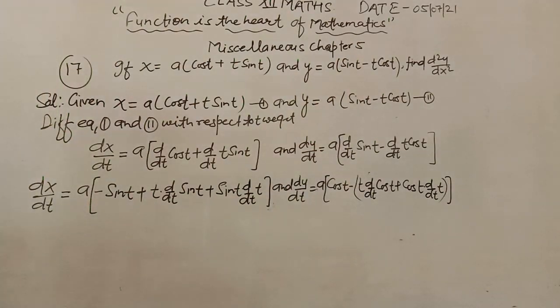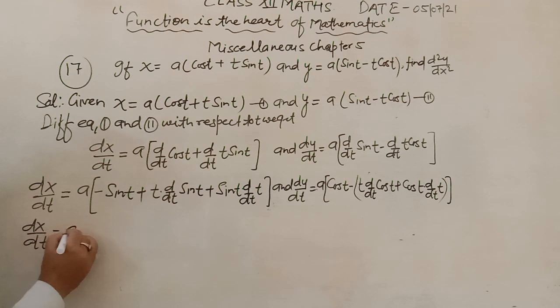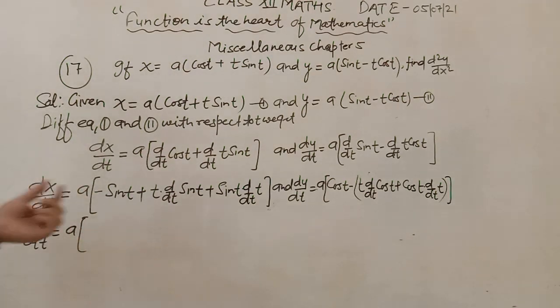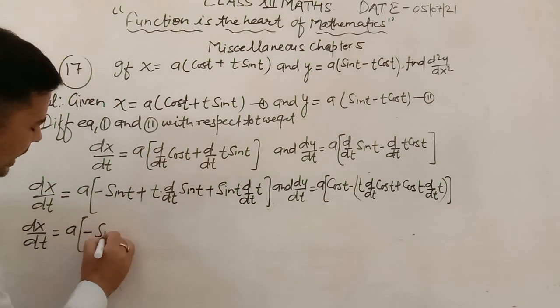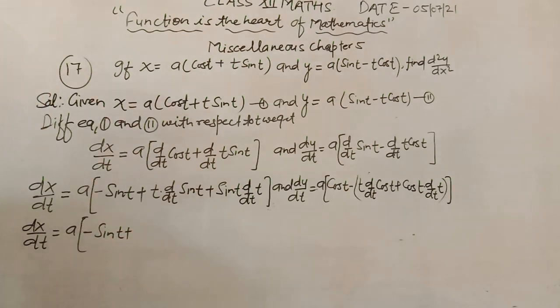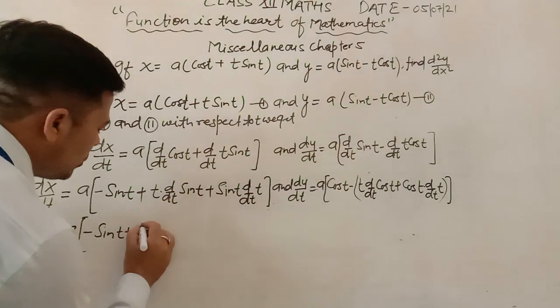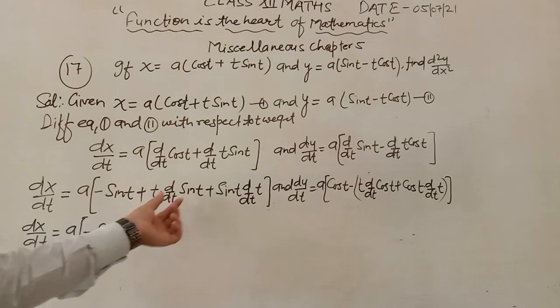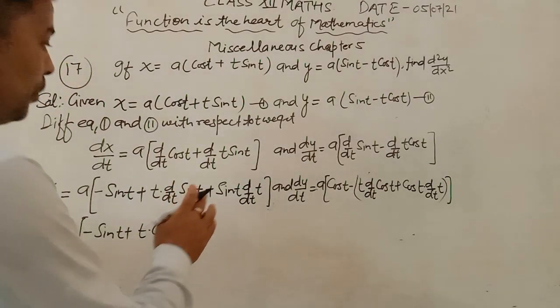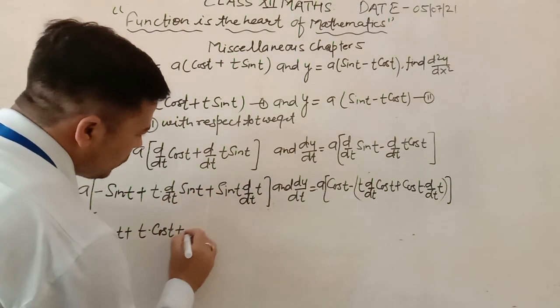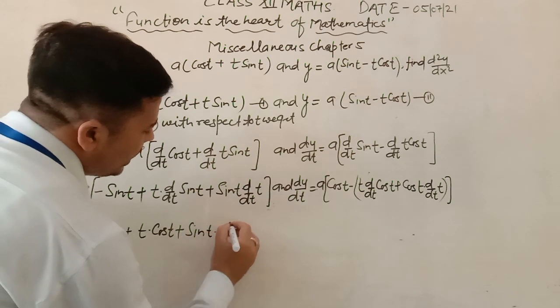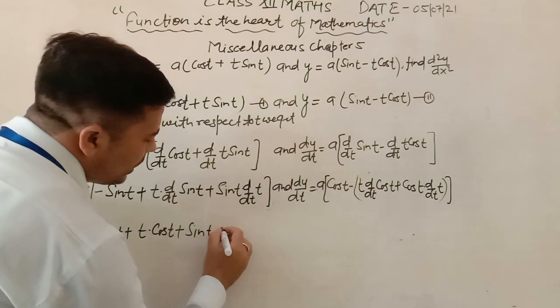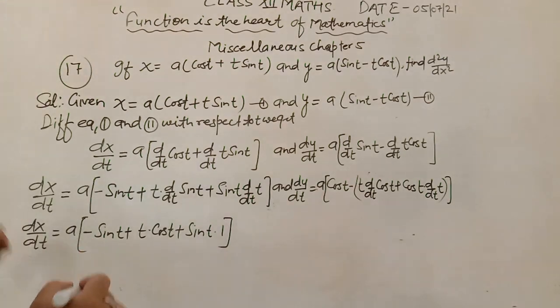Now dx upon dt is equal to a times minus sin t plus t into d by dt of sin t, which gives you cos t, plus sin t into d by dt of t, which gives you 1.